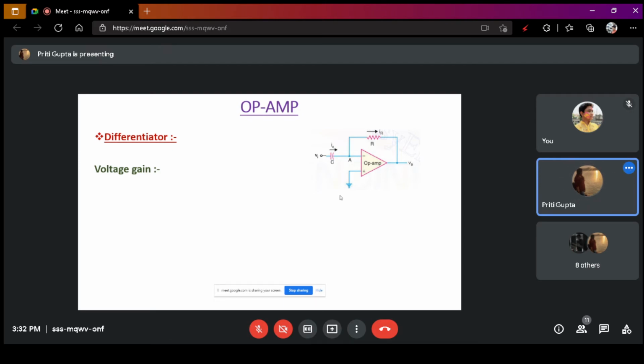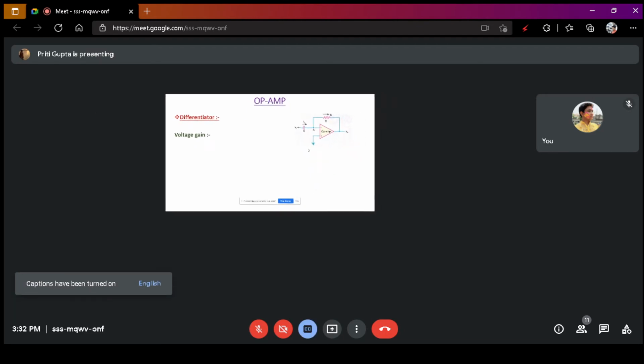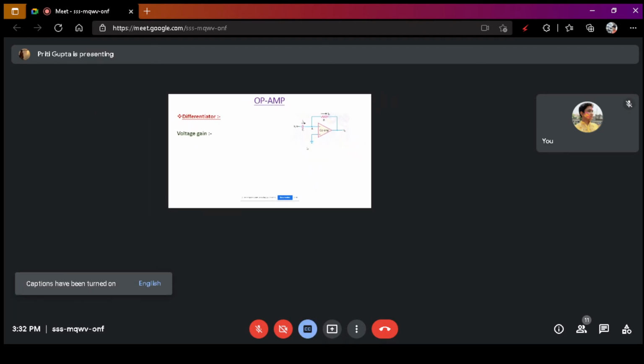Rectangular wave from a ramp input. What is the spelling? Ramp, ramp. And to produce rectangular wave or rectangular output from a ramp input.